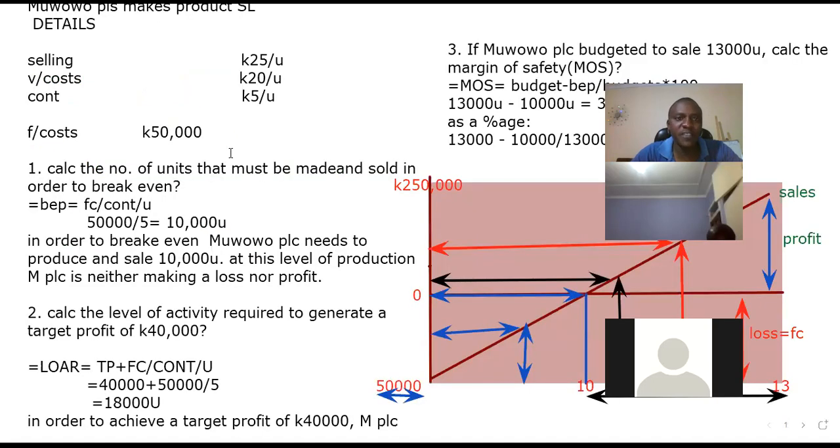Look at it this way: selling price is 25 kwacha, variable cost 20, contribution 5 kwacha. The break-even units were 10,000, the budgeted units 13,000, and the number of units required was 18,000. If you take that 18,000 and multiply by the selling price per unit, you still get the same answer.